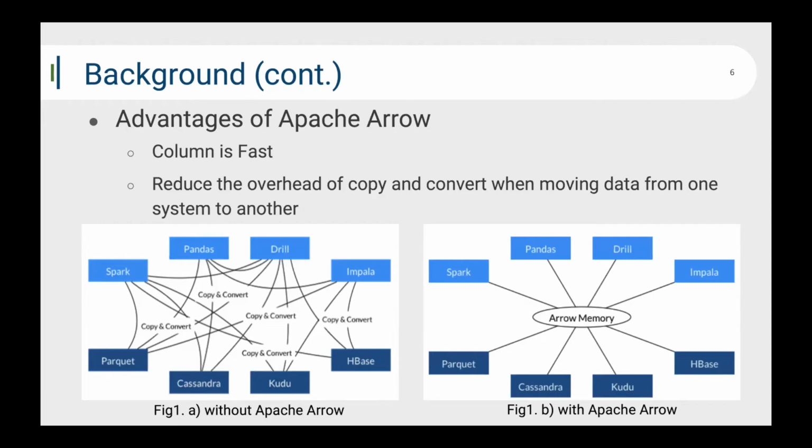This process will add a lot of overhead. However, with Apache Arrow, they don't need to copy and convert when moving data from one system to another. In turn, this will reduce the overhead. That's why more and more applications in the cloud computing and big data analysis community plan to integrate Apache Arrow.